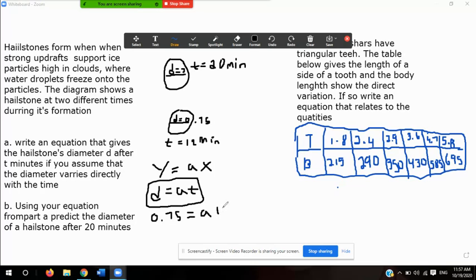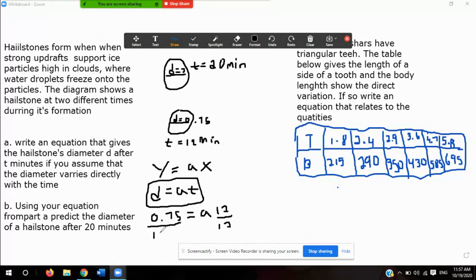So now that I have my diameter and I have my time, I can simply divide by 12, and I'm going to get my constant of variation, which is what I need to find the diameter after 20 minutes. So I divide by 12.